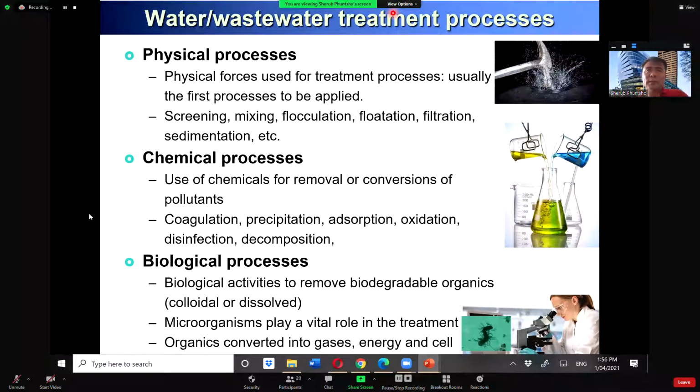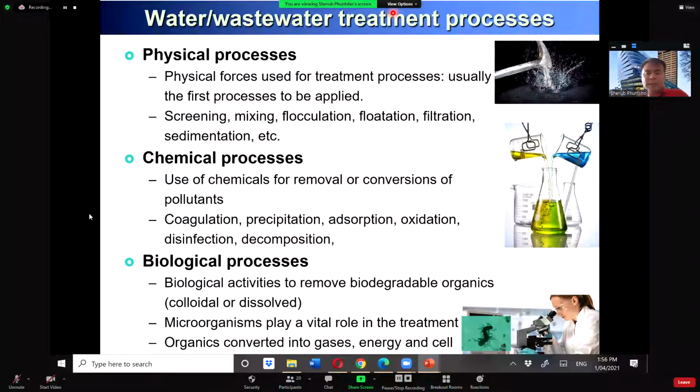So they are like cleaners of the environment. Without bacteria, you can't imagine how the world would be. We would have piles and piles of waste, right? So the bacteria are responsible for degrading and decomposing all the waste there.